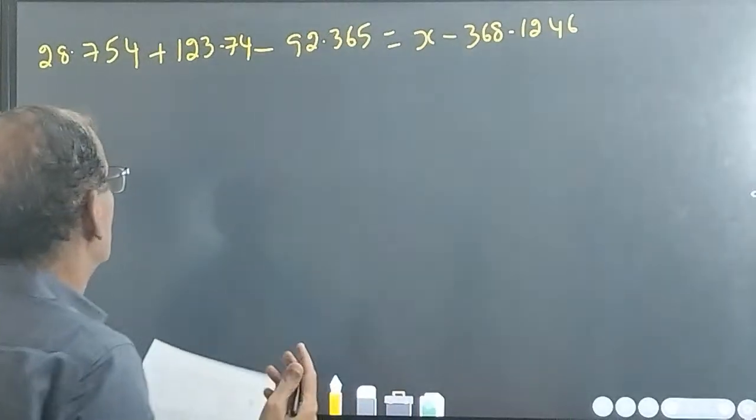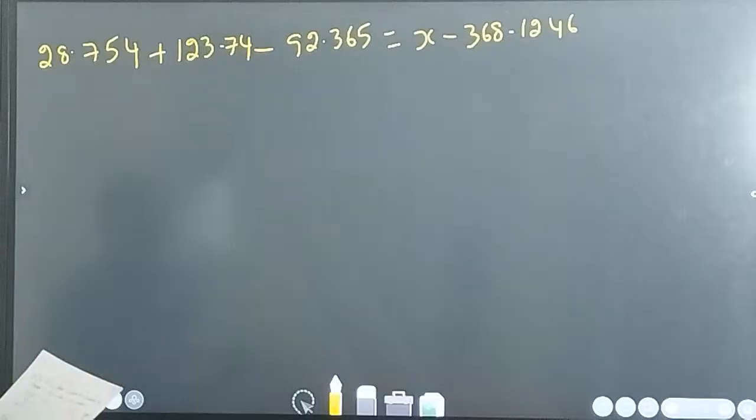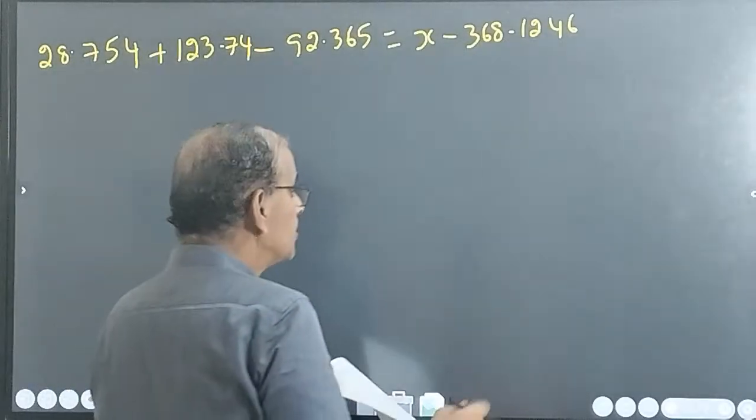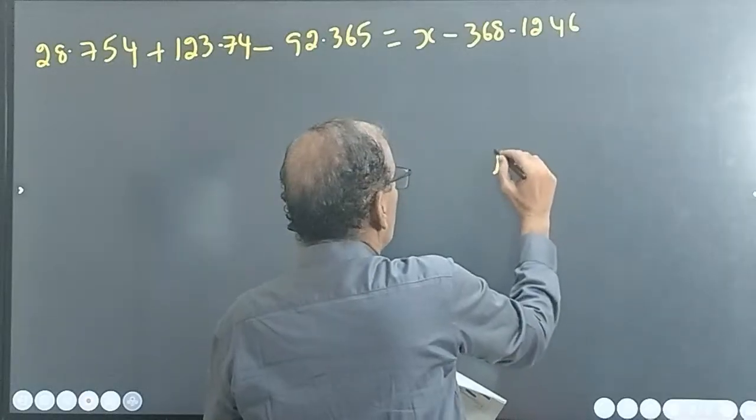See, imagine how many digits are there, this side, that side, etc. Options are also very lengthy.